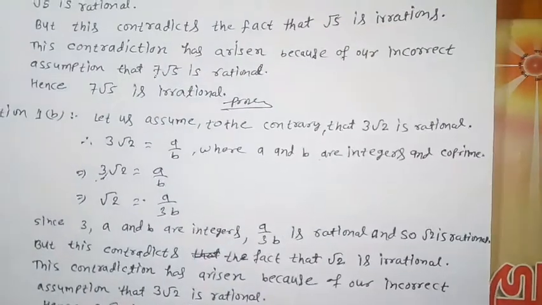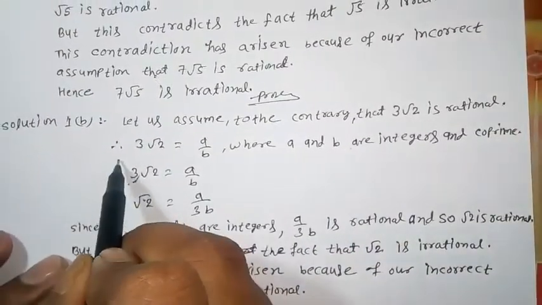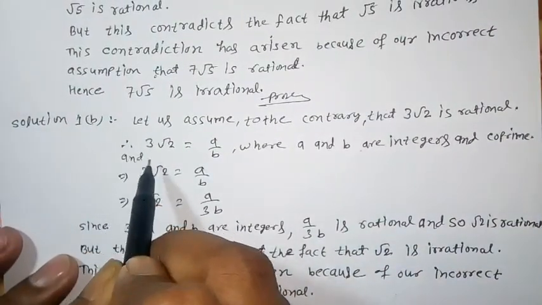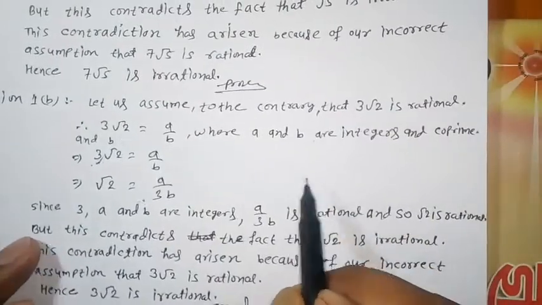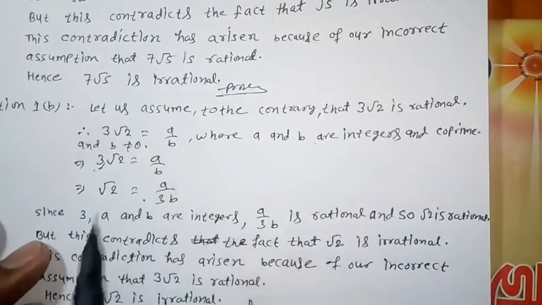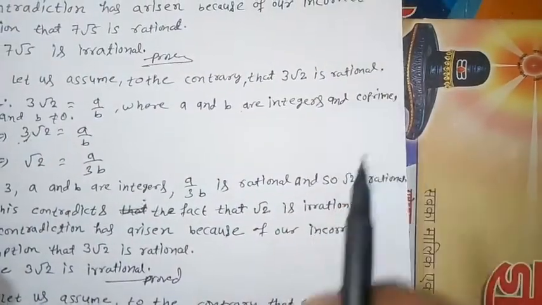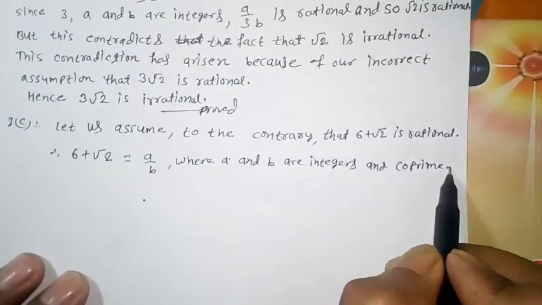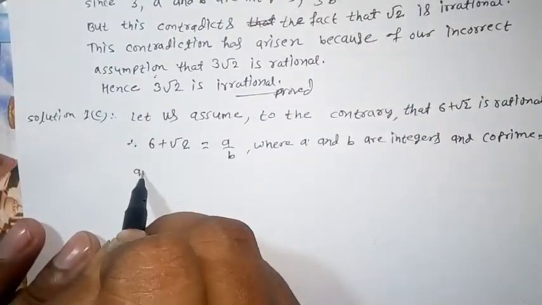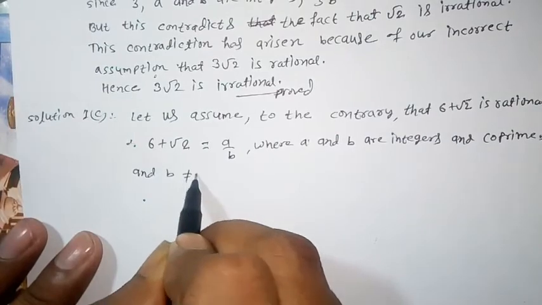Here one thing is left, coprime, and b does not equal to 0.